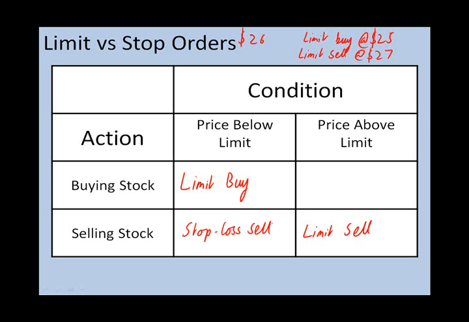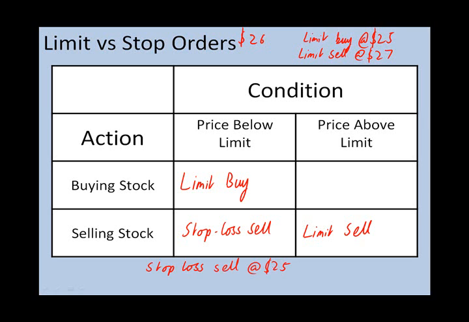You bought the stock, say at $26, and then the price fell to $25. If you have a stop loss sell at $25, it means that you sell as soon as the price hits $25, and it stops your losses. You can't lose any more money. In our example above, if we bought the stock, we could place a stop loss sell at $25, and that would limit our losses if the price fell.